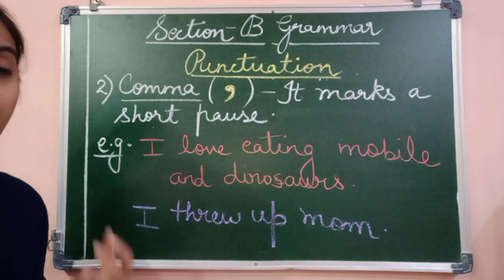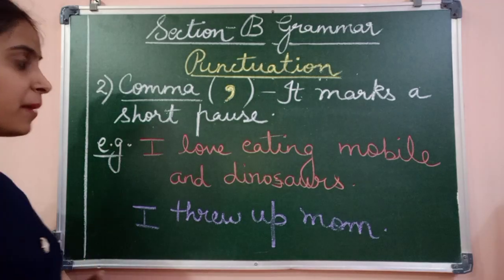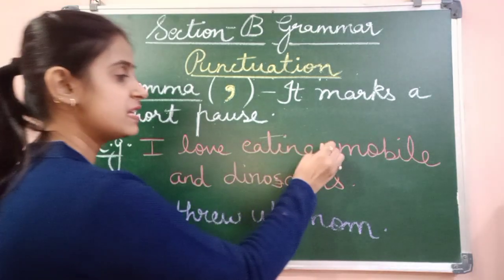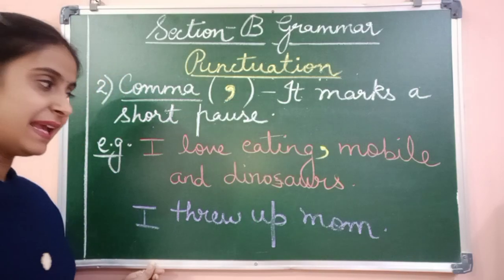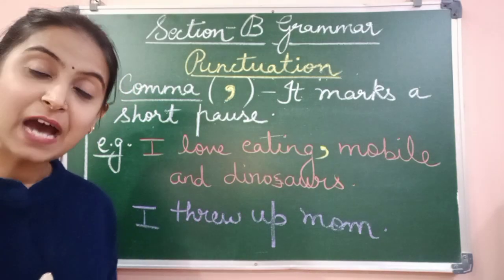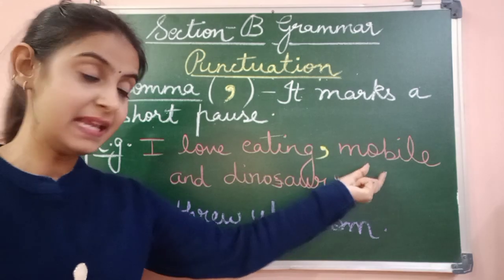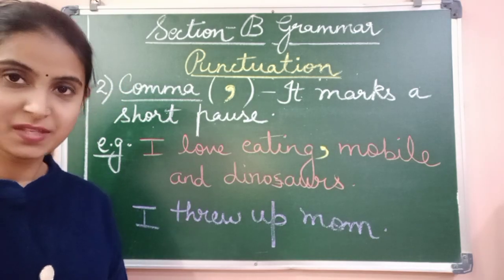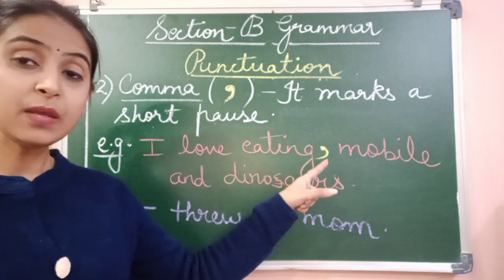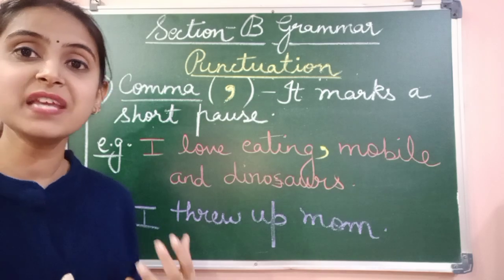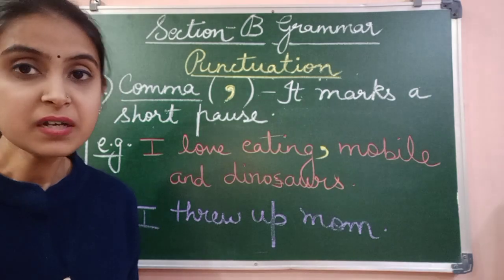But if I put a comma and say, I love eating, comma, mobile and dinosaurs. Now the sentence is making sense: I love mobile and I love dinosaurs. Alright, so you see, by putting 1 comma, we can change the entire meaning of the sentence.